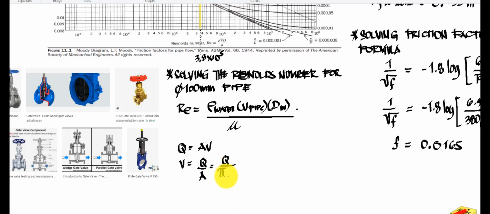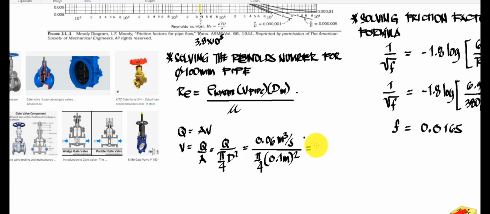The volume flow rate is the area times the velocity, so velocity equals Q divided by pi over 4 times the diameter squared. The volume flow rate is 0.06 cubic meter per second, then pi over 4, then the diameter, which is 0.1 in meters, raised to square. So we have the velocity, which is equal to 7.64 meters per second.